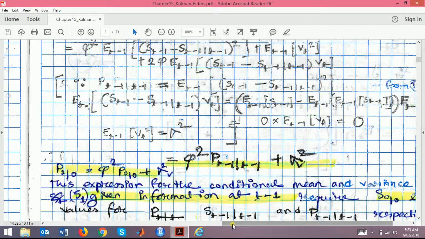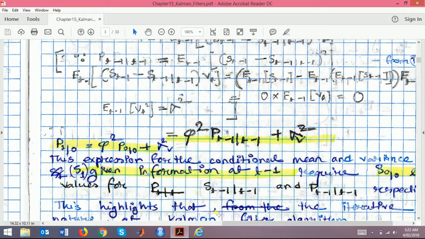So one more time, the last time, three things we have derived. S1|0 equals phi S0|0. S1 minus S1|0 equals phi (S0 minus S0|0) plus the disturbance vt. And the conditional variance P1|0 equals phi square P0|0 plus sigma square v.